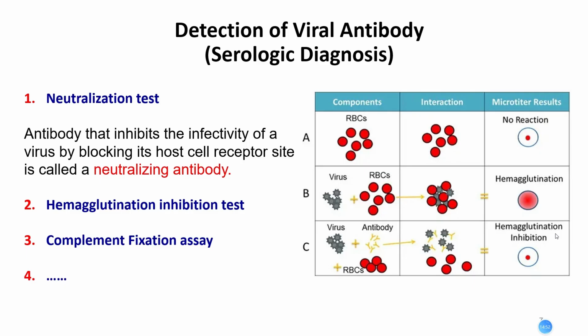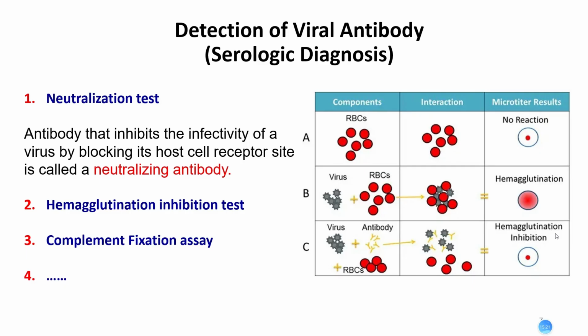Neutralization means that the antibody in the patient's blood can inhibit the infectivity of a virus by blocking its contact to the host cell receptor. So neutralizing antibody binds to the viral particle and can block the infection. We can use this test to detect the presence of neutralizing antibody.